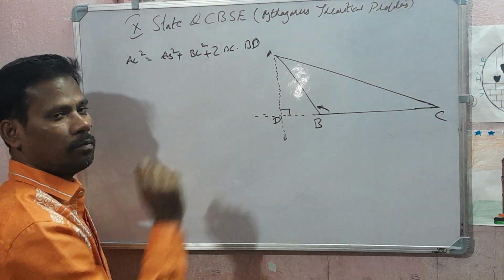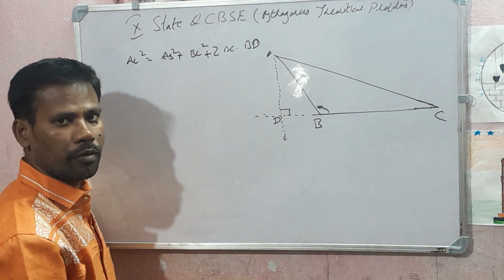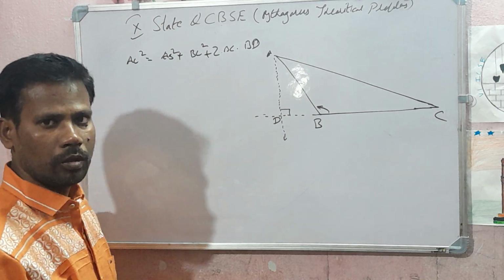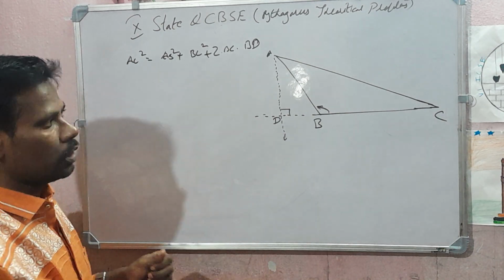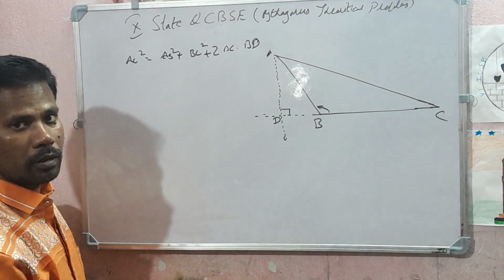When the angle is obtuse, you have to remember this as a formula, because when we do more problems in the coming sessions you have to write this as a direct step.